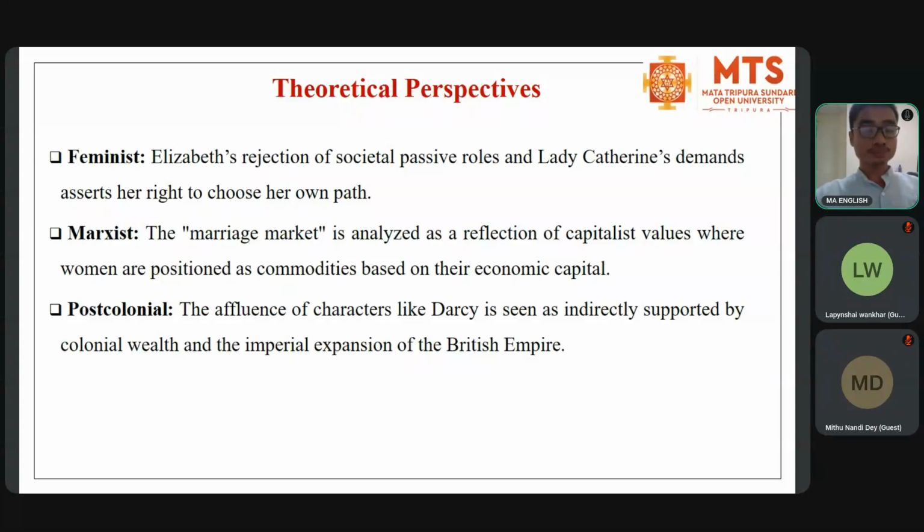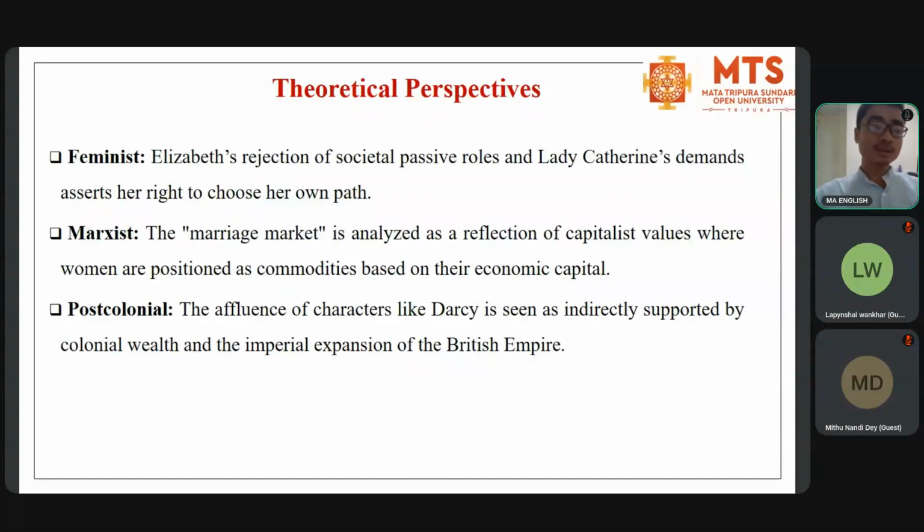So Marxist theory we can also apply here, where we can look at the marriage market, the matchmaking in the marriage ritual as a social institution, which has been used as a commodity, as capital, like what we see in Marxism, which studies capitalism and all these things.